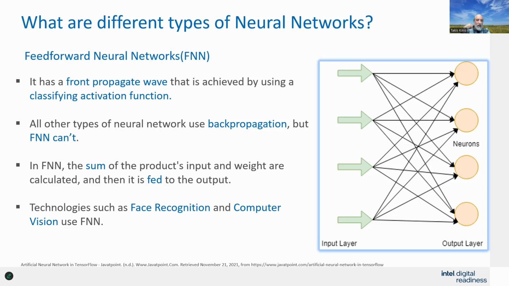So the sum of the product's input and weight are calculated and fed to the output directly. What's interesting about this one is this is the kind of neural network that drives facial recognition and computer vision, which seems to me counterintuitive, in first learning it. But yeah, that is behind those technologies.